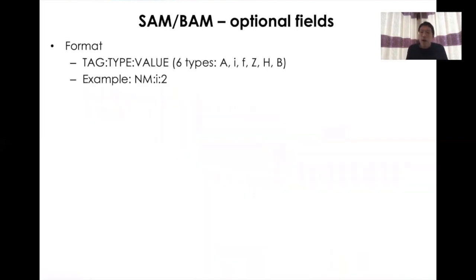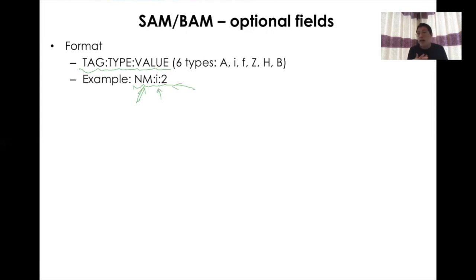There are some optional fields for the SAM and BAM files, actually quite a few of those. They are all presented in this particular format: tag, type, and value. One example is shown here, NM:i:2. NM tells you what this field represents, i tells you this is an integer, and 2 means the value is 2.